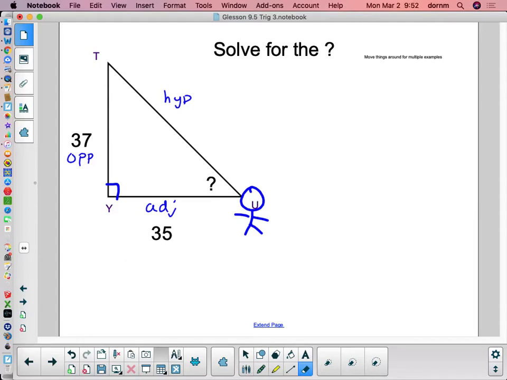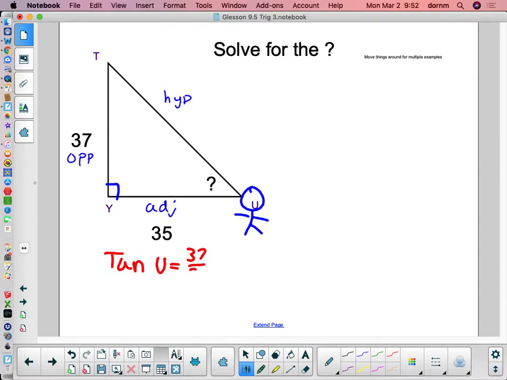So tangent of u equals 37 over 35. Now I'm going to rewrite using the inverse and get in my calculator. 37 divided by 35. I get 46.6 degrees.